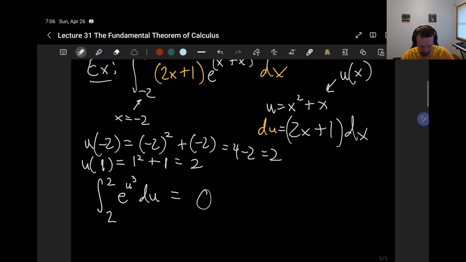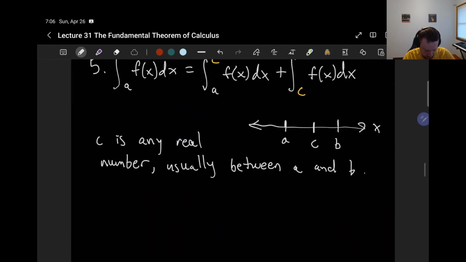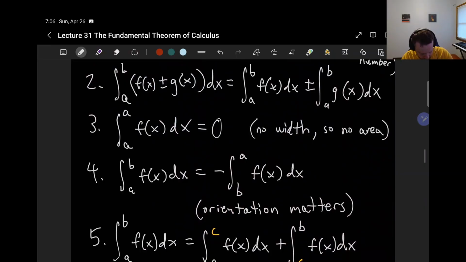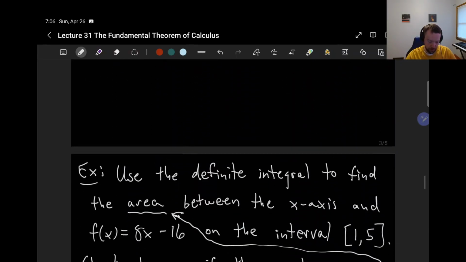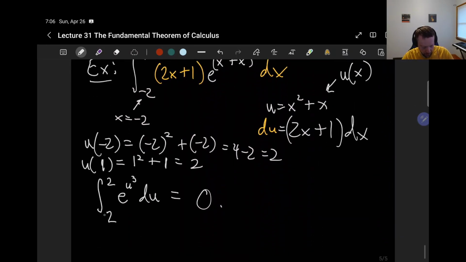That was one of our properties mentioned above. I believe that was property 3. Yep. So because we switched over to u, we could see, oh, well, now these limits of integration are the same. So the answer must be 0. Even if I can't calculate this antiderivative, it doesn't matter.